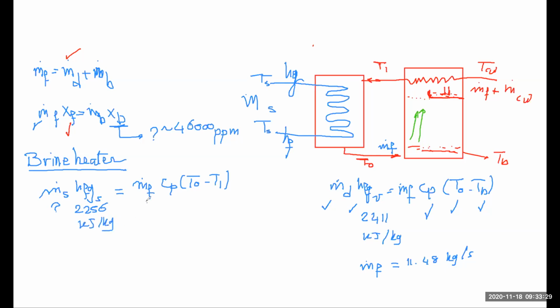The feed we know now. We have obtained the feed. The Cp is known. T naught is 90 and T1 is 35. So the only unknown here becomes m dot steam. You can calculate the steam mass flow rate here. Do I have the value of the steam mass flow rate? Let me check. M dot steam is going to be 1.175 kilogram per second.